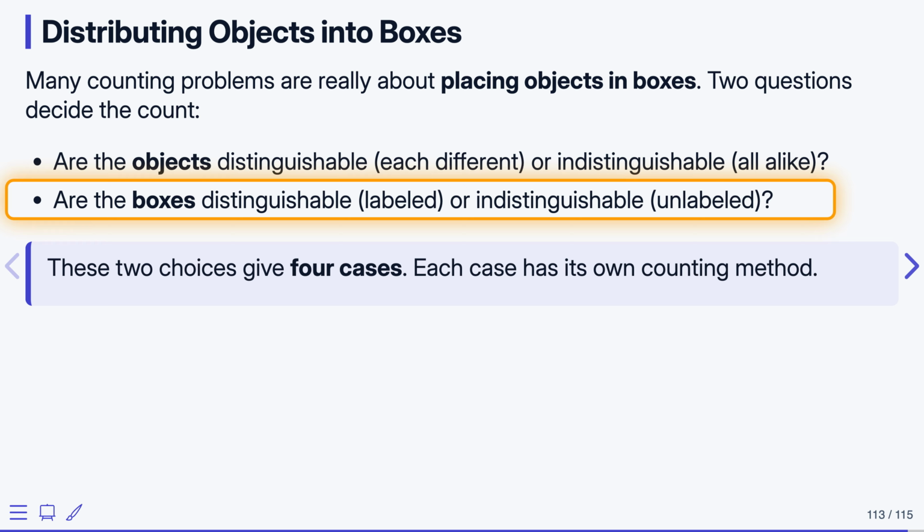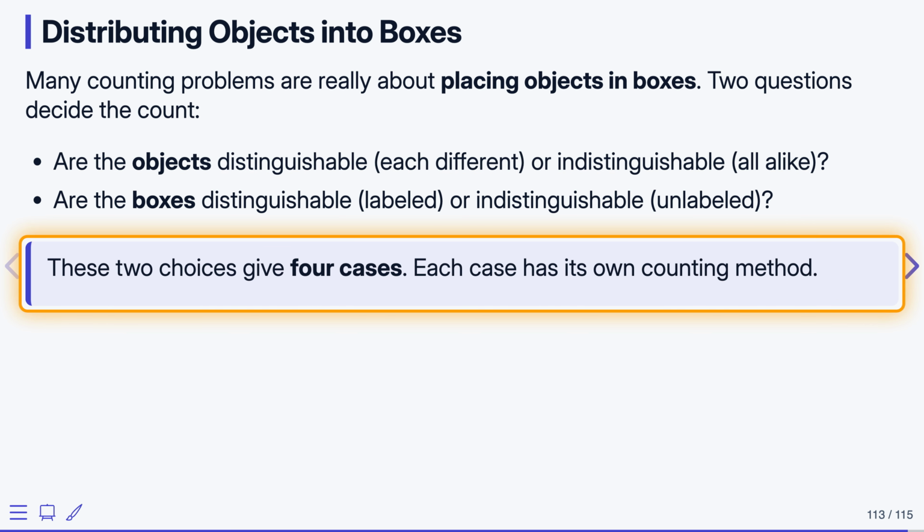Second, are the boxes distinguishable? That means the boxes are labeled and we can tell them apart. Or are they indistinguishable, meaning the boxes are plain and look the same? Two yes or no questions give 4 cases in total. Each case needs its own method. Let's see them 2 at a time.